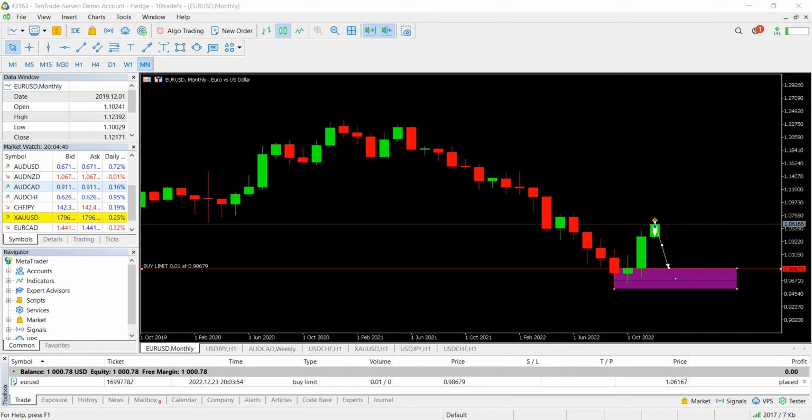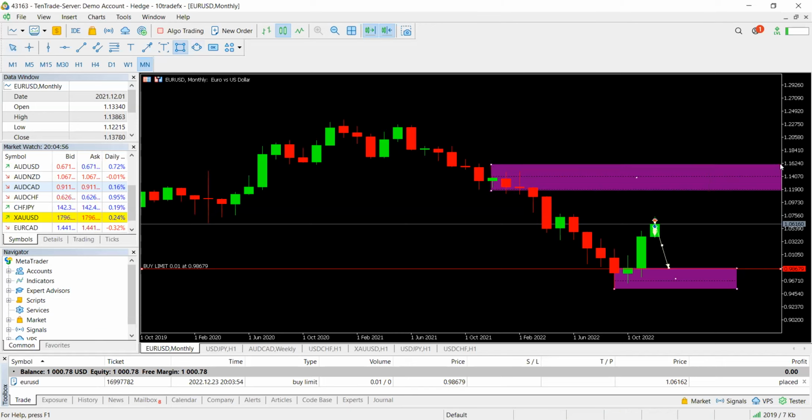Let's use the rectangle. So you think that when price gets into this zone here, price will start dropping. And then you don't want to wait in real time for that to happen. You can easily set a sell limit to enter the reversal.